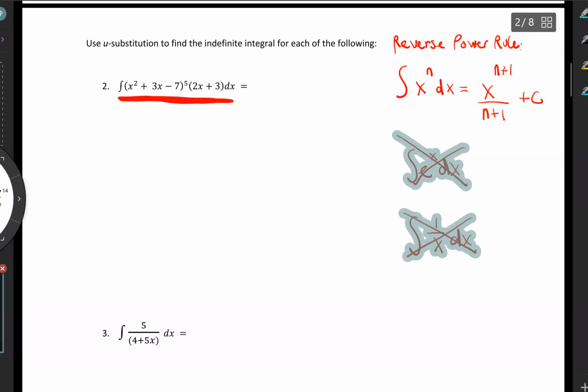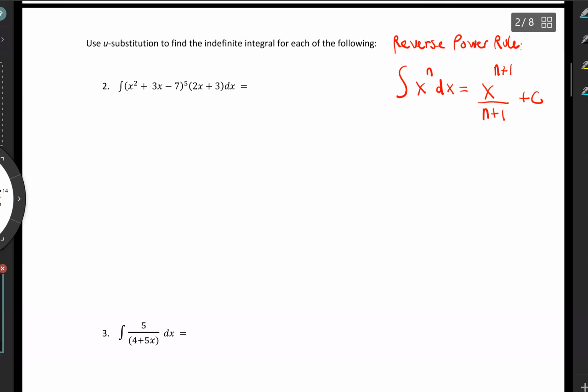Let's try to get this mess of an integrand. Right, here's my integrand. It's all this stuff in here. I need to get this to match this so I can use my rule. Okay, so what should my u be? I have 2 choices for my u.